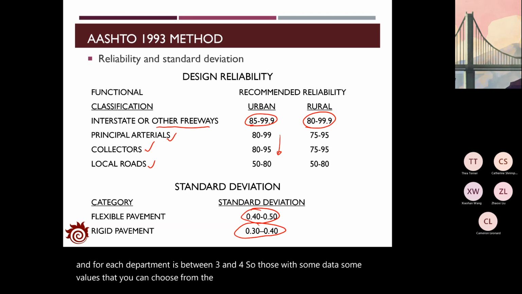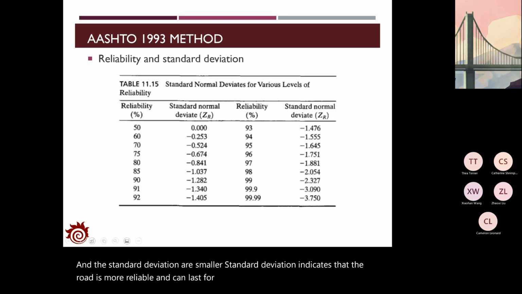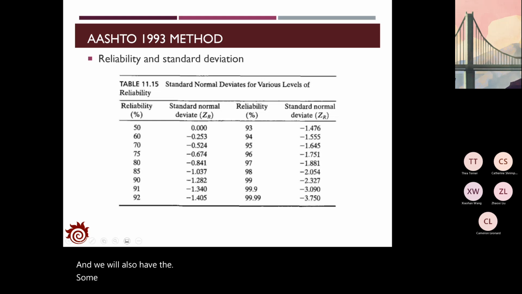And you need to specify one value. Generally, with a higher reliability and smaller standard deviation, it indicates that the road is more reliable and can last for a longer time. And we will also have some typical values about the relationship between the reliability and the standard deviation.